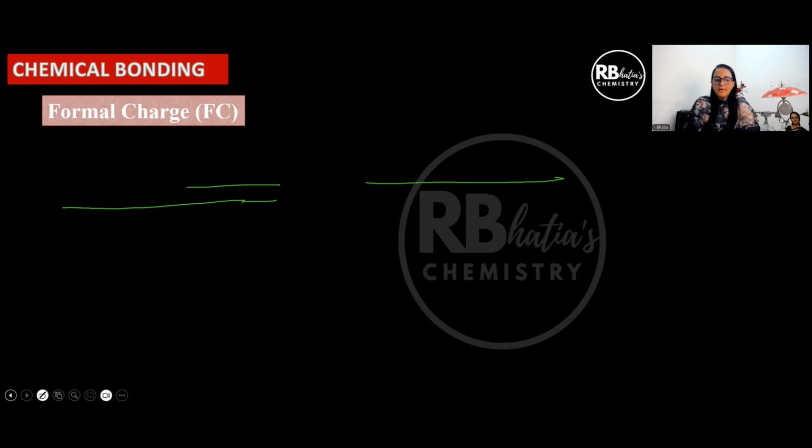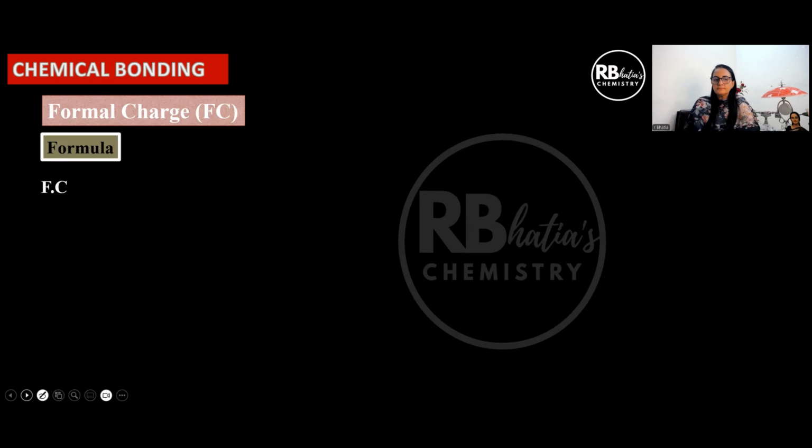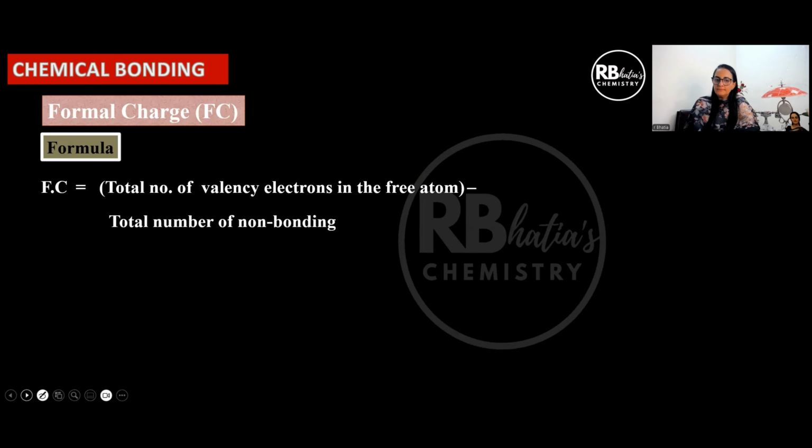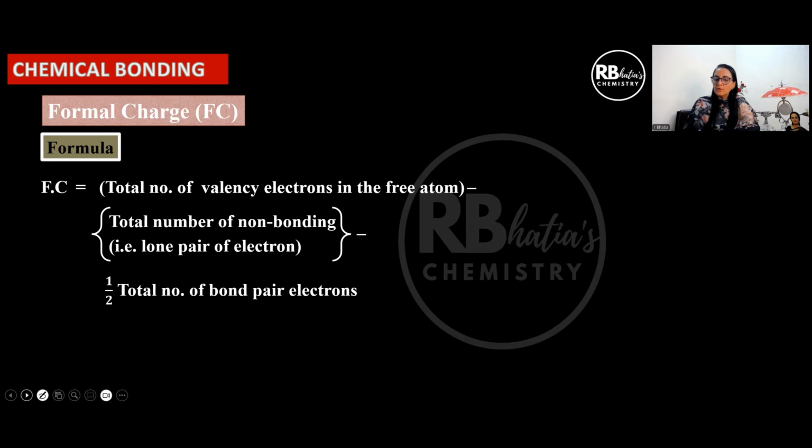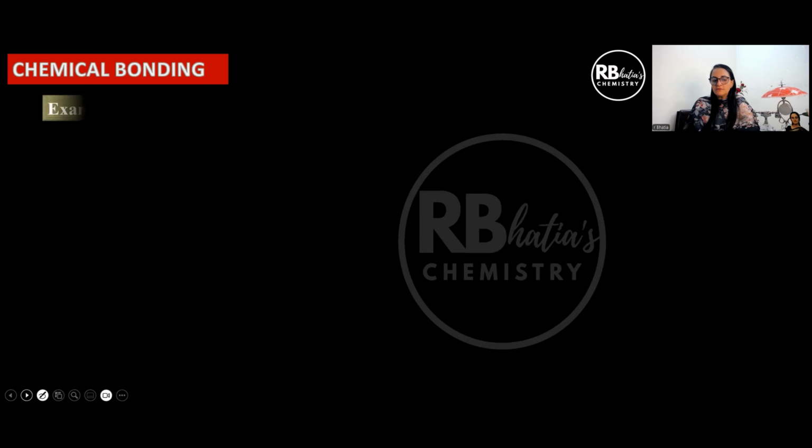Okay, so let us see how we calculate the formal charge. Total number of valence electrons in the free atom, minus total number of non-bonded electrons, that is lone pair electrons. We are not counting pairs, we are counting electrons. Minus half of the total number of bonded electrons. This is how we calculate the formal charge.